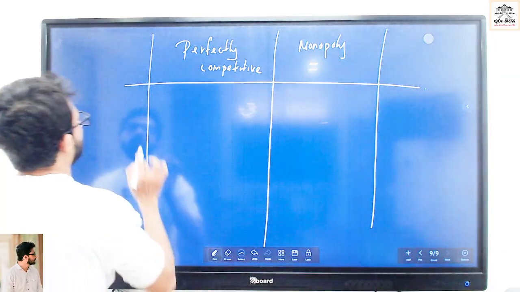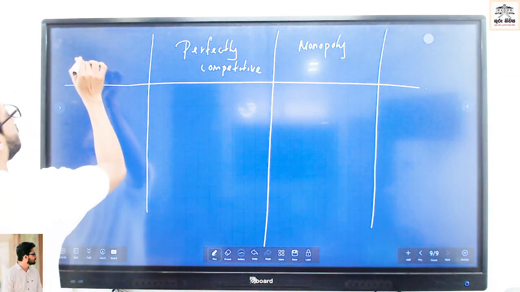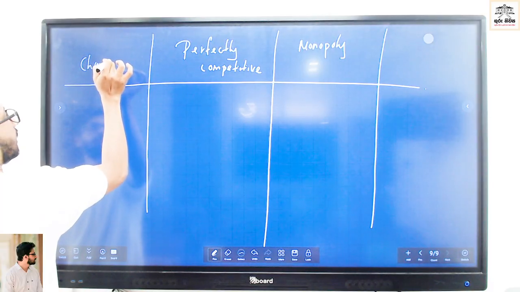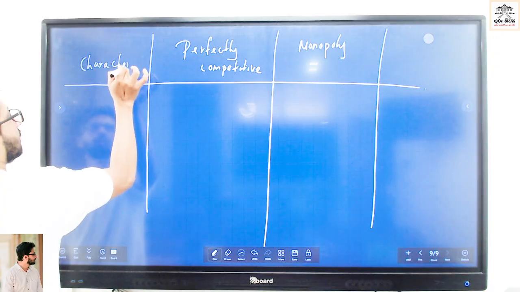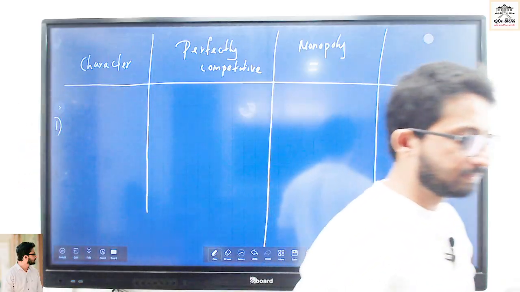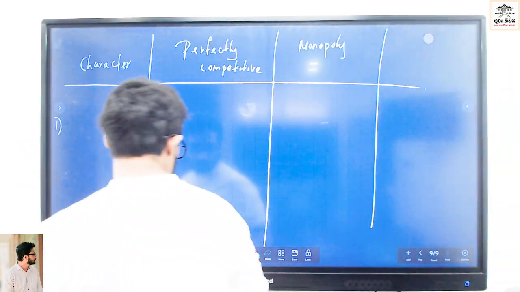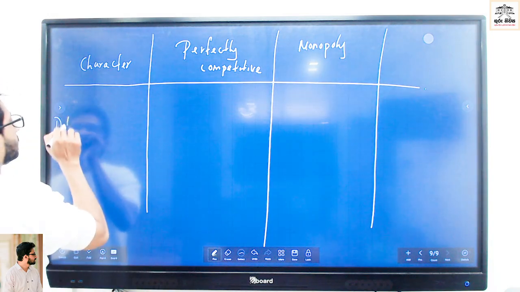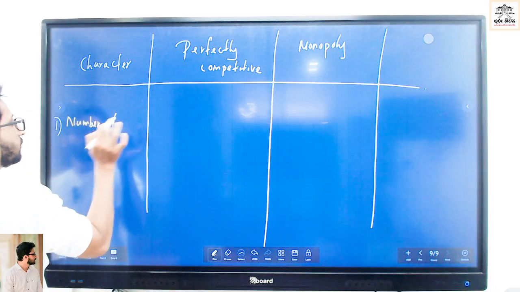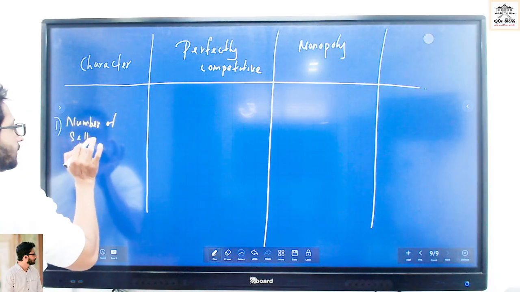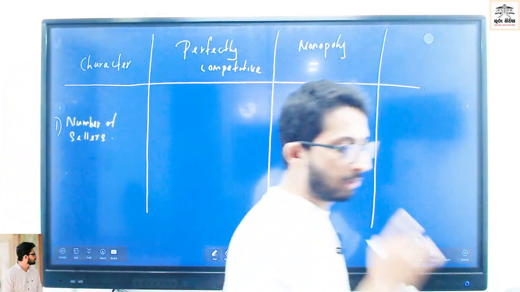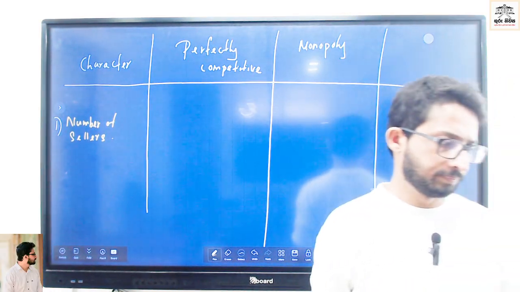Start from the first one. What is the first one? The number of sellers. In a perfectly competitive market, what about sellers?